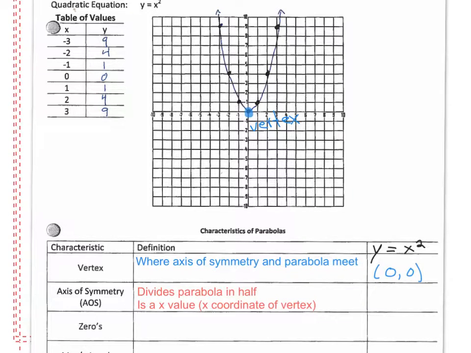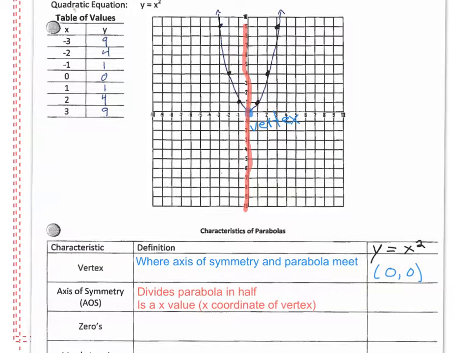The next feature we're looking at is our axis of symmetry, which we shorten to AOS. This is what divides the parabola in half. It's an x value, and it's always the x coordinate of the vertex. Looking at our graph here, our axis of symmetry passes right through the middle of the parabola and right through the vertex.